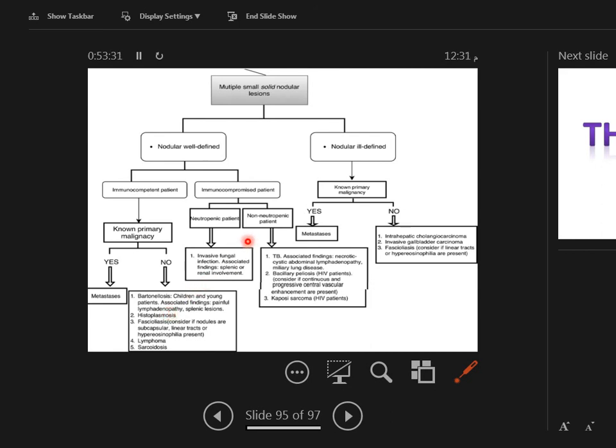If immune compromised patient, again, if neutropenic patient, invasive fungal infection, with associated finding of splenic or renal involvement. In a non-neutropenic patient, we have TB, bacillary peliosis, and Kaposi sarcoma. Nodular ill-defined, with known primary malignancy?